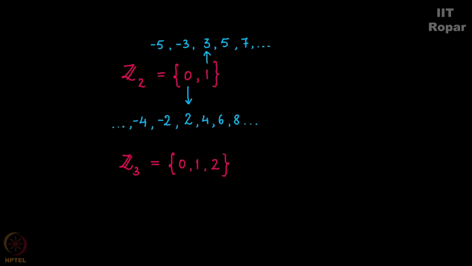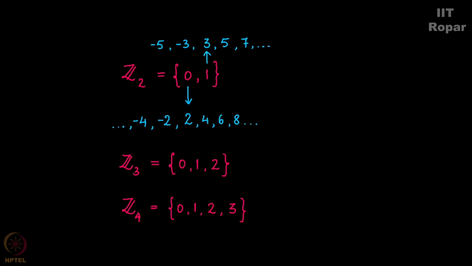And Z3 is 0, 1, 2. So whatever number you take in your integers, let's say 23, when divided by 3 gives the remainder 2. And hence 2 is there in Z3. So your entire set of integers when divided by 3 gives you these numbers 0, 1, 2 as the remainders.